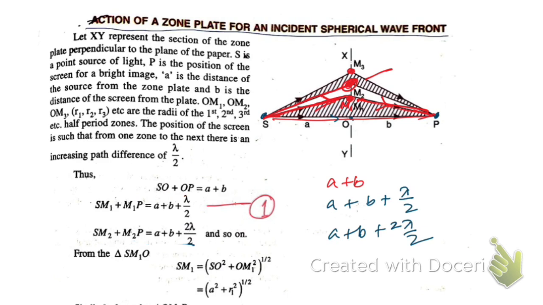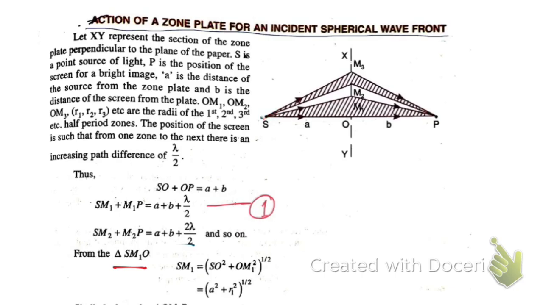Now you see, let me clean these things. Now you see, from triangle SM1O, which one is SM1O? This is SM1O, this triangle, SM1O.